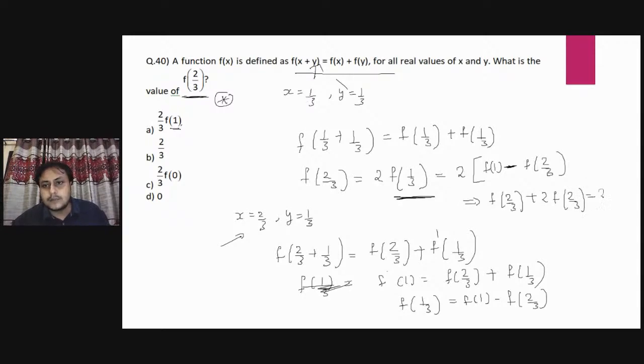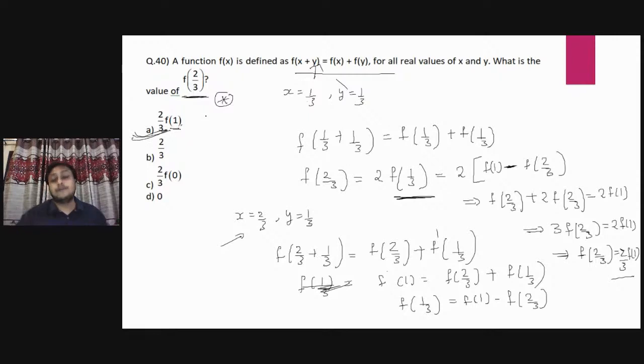And this becomes 2 times f1. So when you solve this, it becomes 3 of f of 2 by 3 equals 2 times f1. When you solve this, f of 2 by 3 should equal 2 by 3 of f1. That is option A.